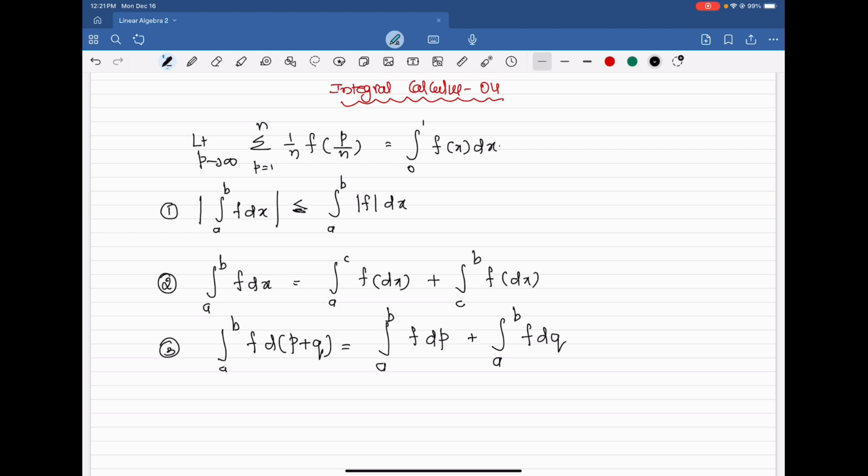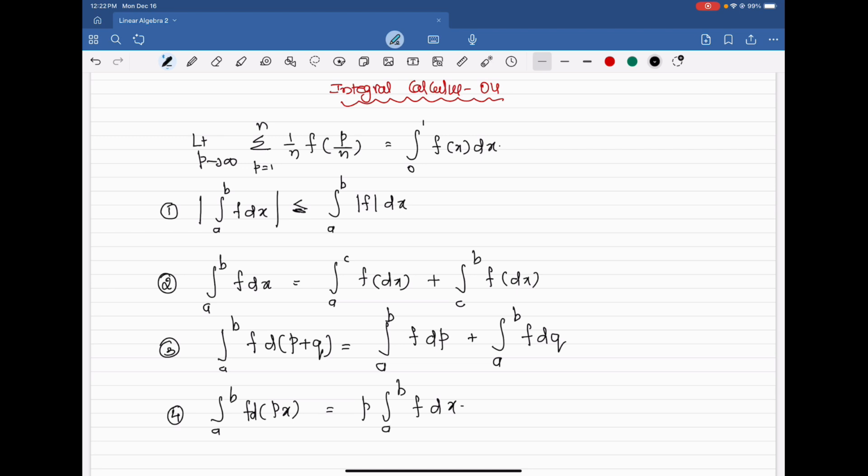And another thing, instead of addition, it is a multiplication with a scalar. Integral a to b function d of px is equal to p into integral a to b function dx.